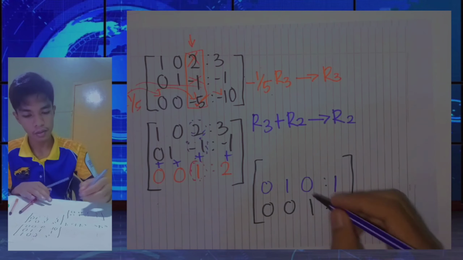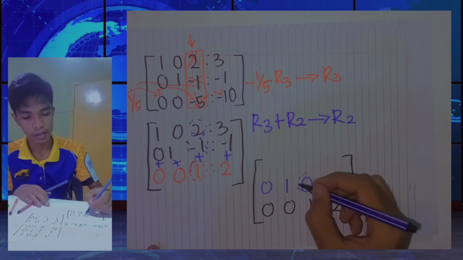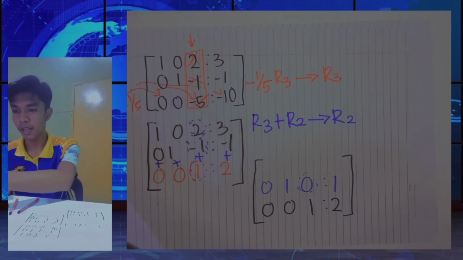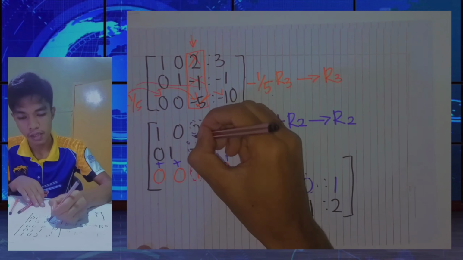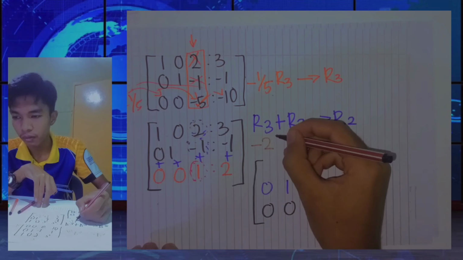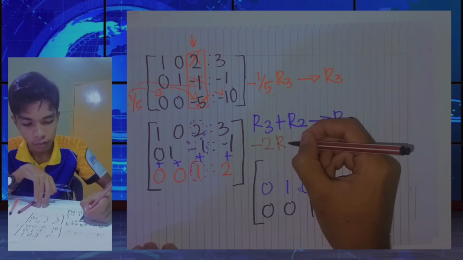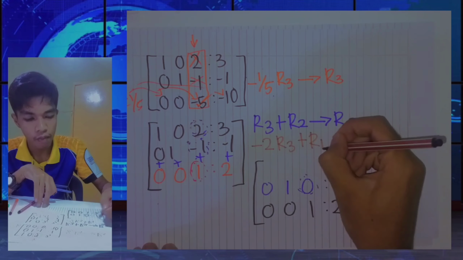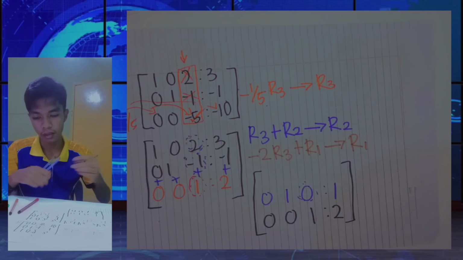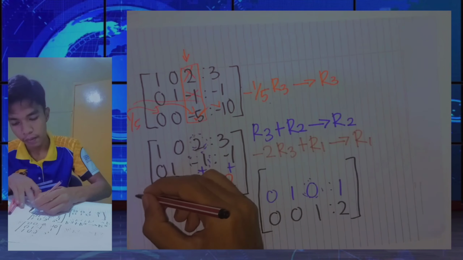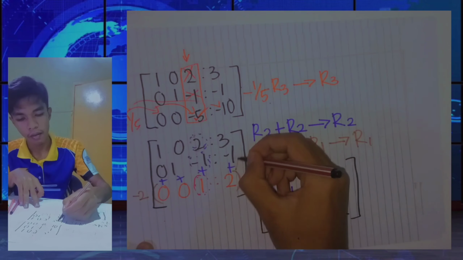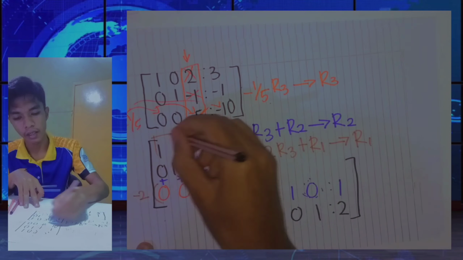Okay, settled. We already get the zero numbers here, and we move to the next number, which is this one. And the operation we need is to multiply negative 2 by row number 3 plus row number 1 and put the answer in row number 1. So negative 2 times row number 3 plus row number 1.